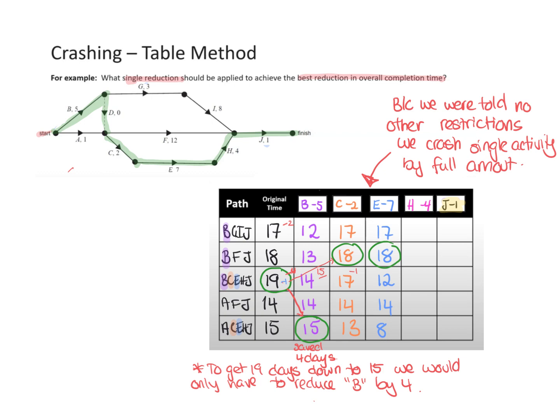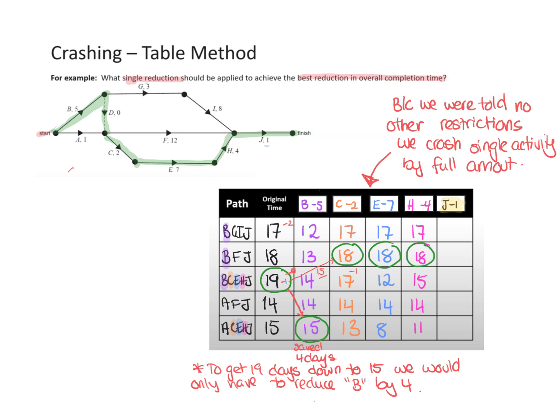Okay, then let's look at H. Every time we see an H, I'm doing it in pink, we'll deduct 4. No change to these ones. We'll deduct 4 off this one, and it becomes 15, 14, and 11. Once again, the new critical path is 18.